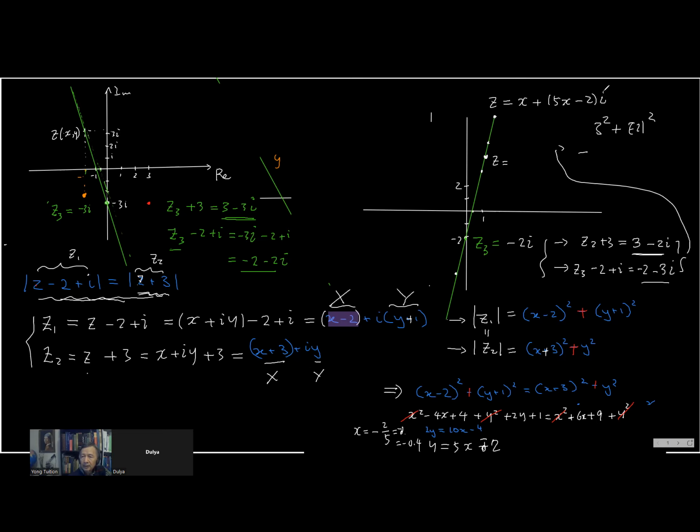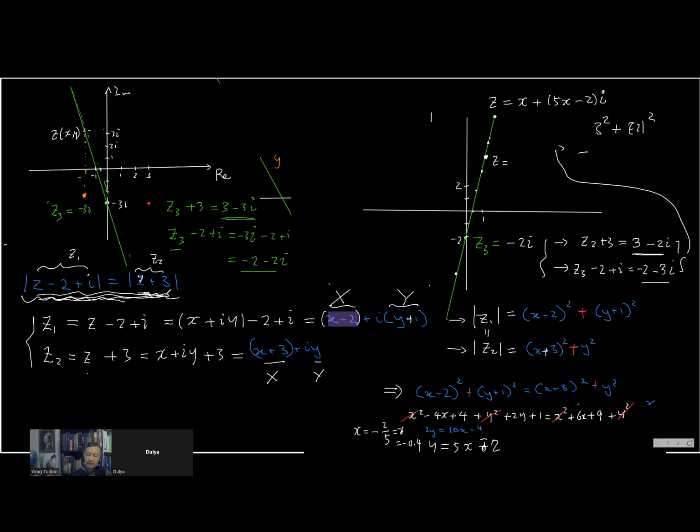Any complex number here will satisfy this condition. Do you agree? This is the reason we spent a lot of time here, because we didn't get the correct solution first. And that means that is a solution.